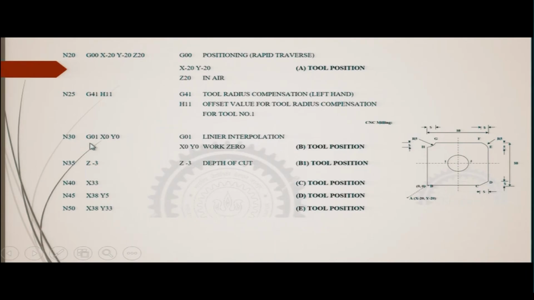N30 block gives G01, which is the linear interpolation, we have seen that earlier, and this is x0, y0, positioning B. So, let us say we have made this point the machine 0. If you remember, I will come to this turning point once again.